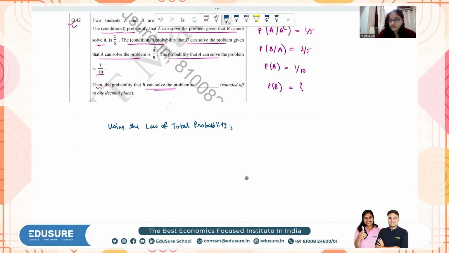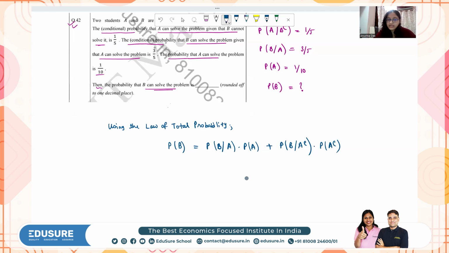Using the law of total probability, probability B can be written as probability B given A into probability A, plus probability B given A complement into probability A complement.